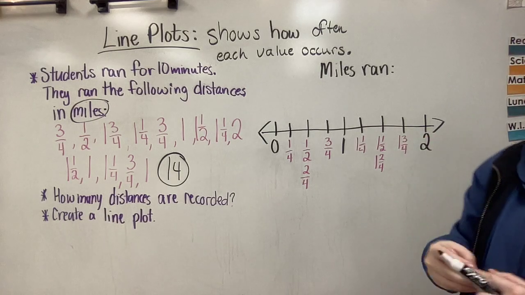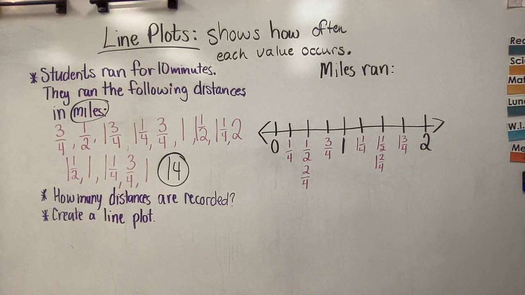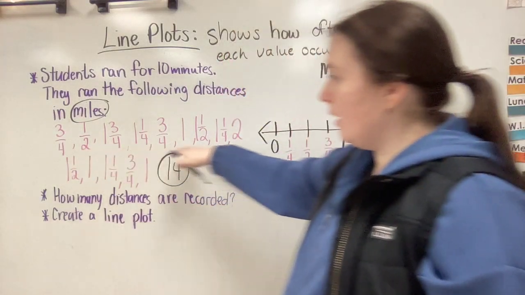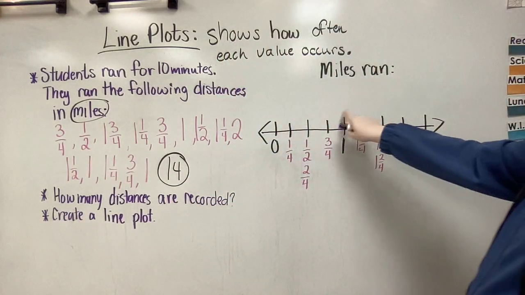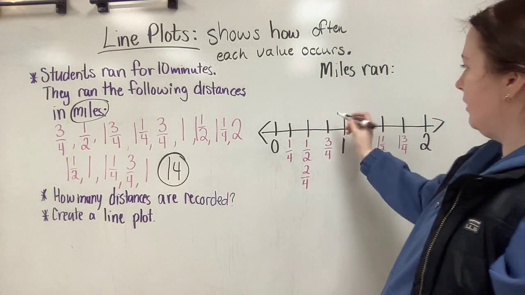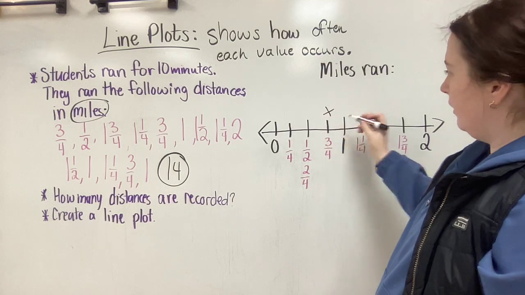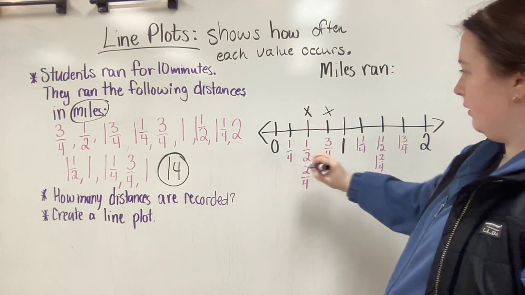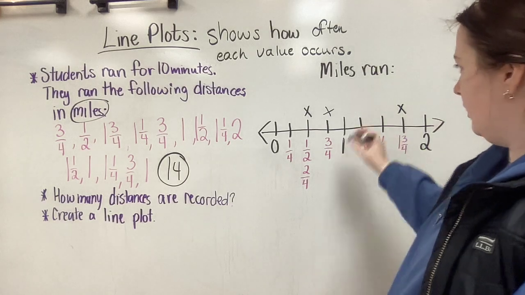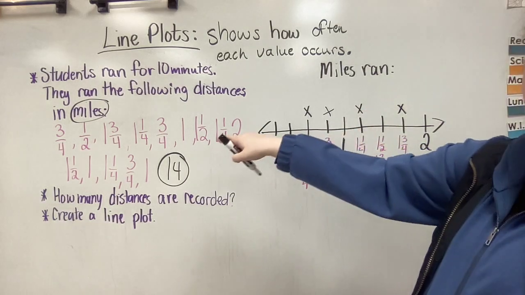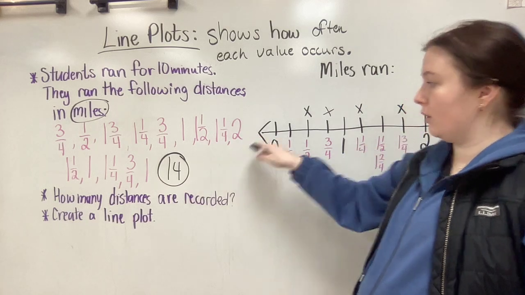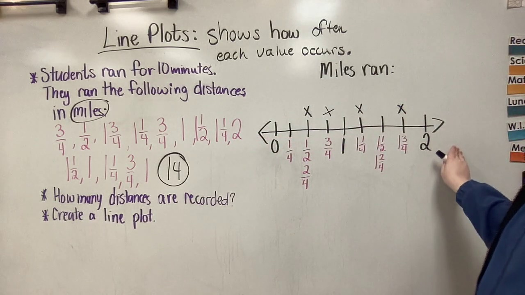Once I have it all labeled and my line plot is all made up, I'm going to look at all my numbers and start putting dots or X's above each tick mark. Sometimes it's easier if you put these numbers in order from least to greatest, so you can just go down the number line and make them, but I did not do that this time.